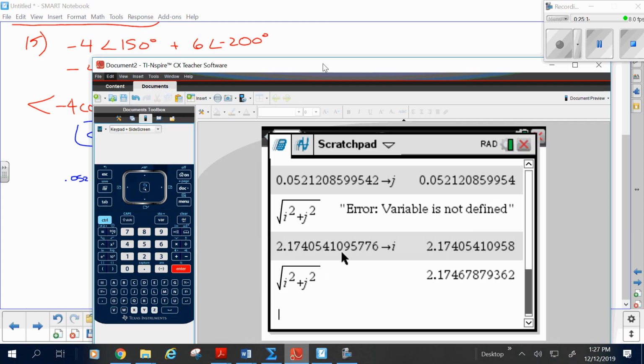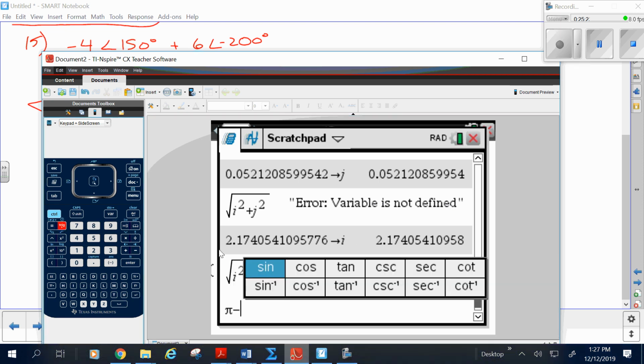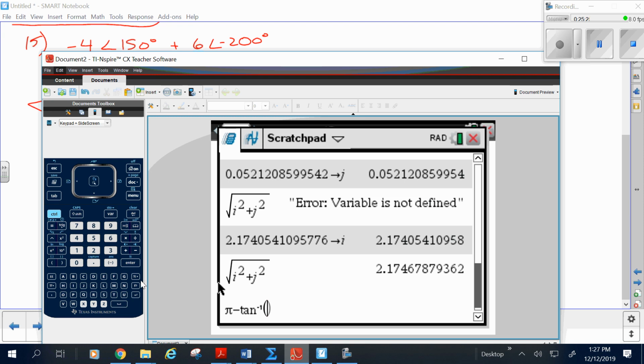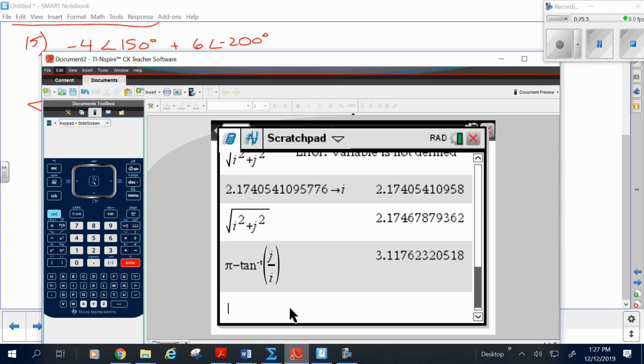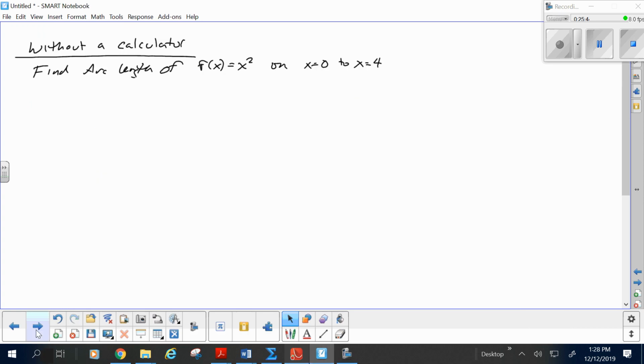Our radian answer will be something like pi minus inverse tangent of J divided by I. 3.117 radians. That sounds pretty good because it's just less than pi, which is where we're on the graph. So that's interesting.